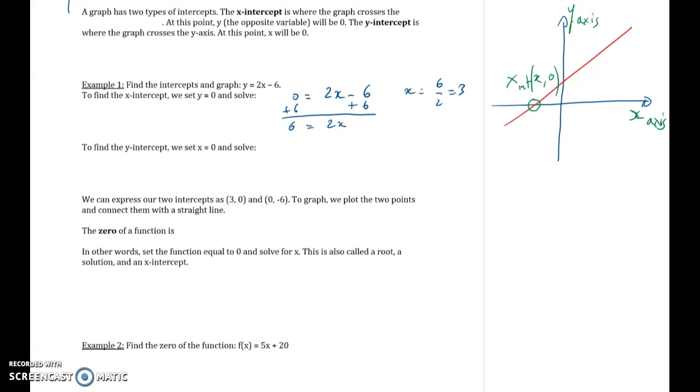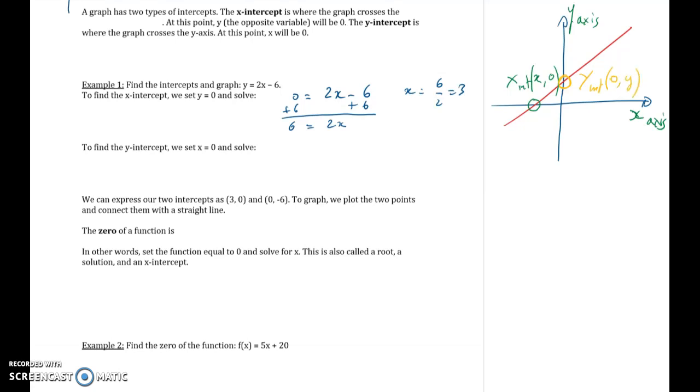Now, to find the y-intercept, I need to look at the point of intersection between my y-axis and my line, and this is going to be my y-intercept. Because I am on the y-axis, there is no value for x, but there is a value for y.